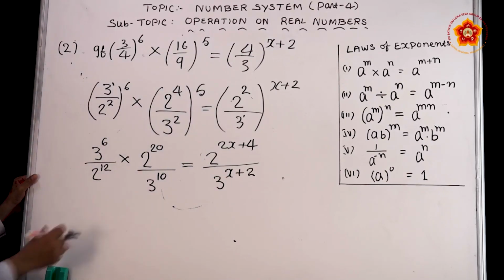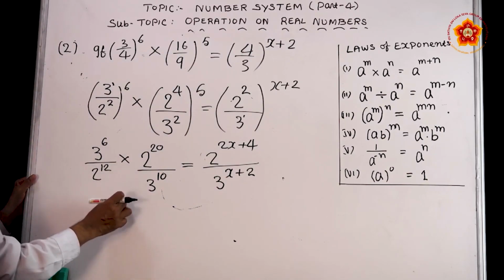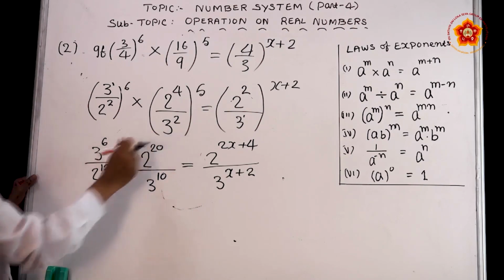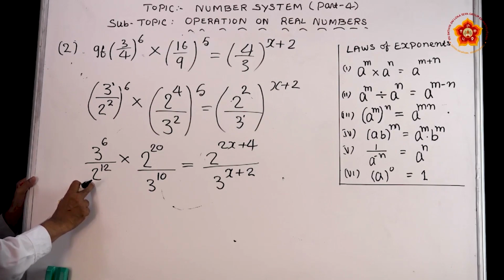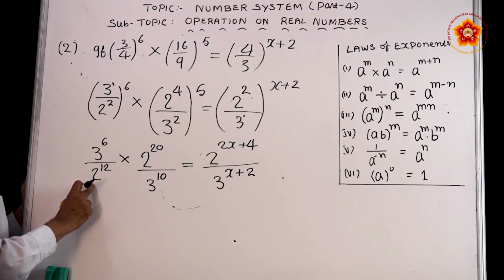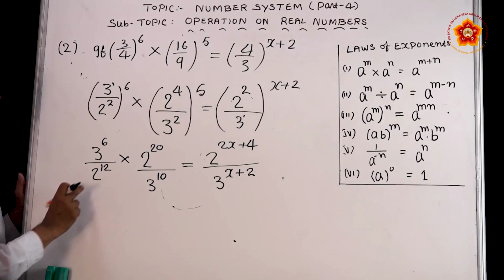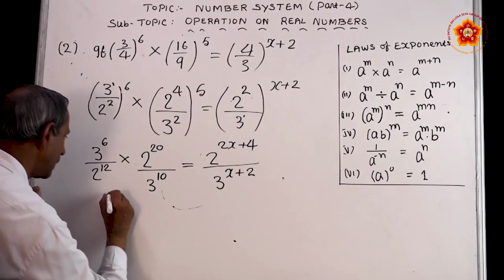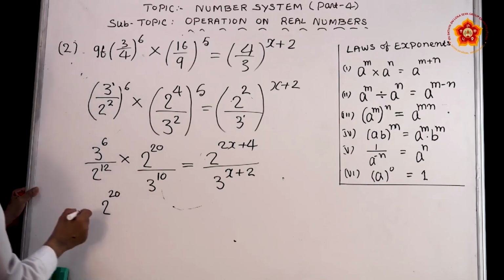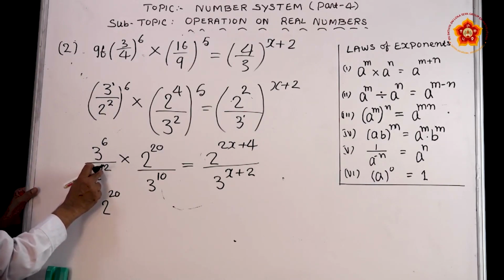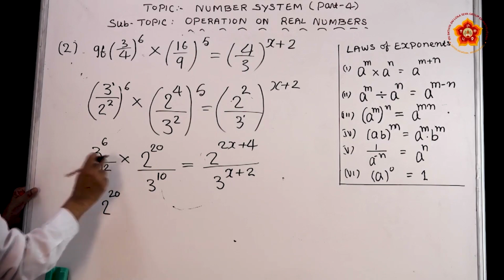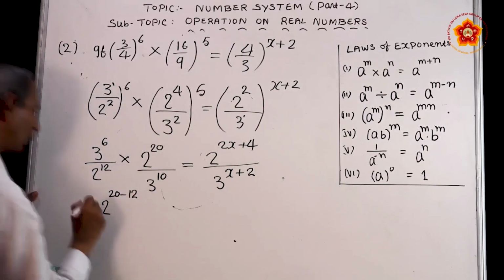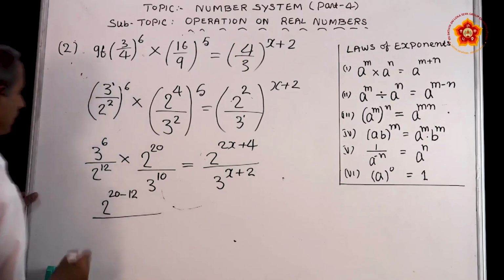Now let us go to the left hand side. Observe there, here 2 raised to the power of 20 is in the numerator, in the denominator 2 to the power of 12 is there. While dividing you have to subtract the powers. Therefore you can write it as 2 to the power of 20 minus 12, since for the base 2 the denominator power is 12. Let us go to the denominator side.